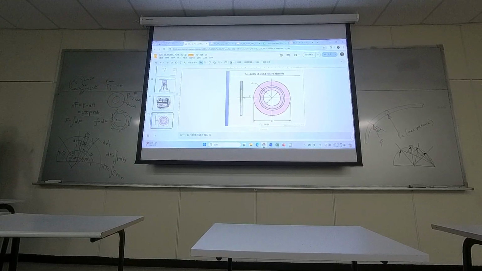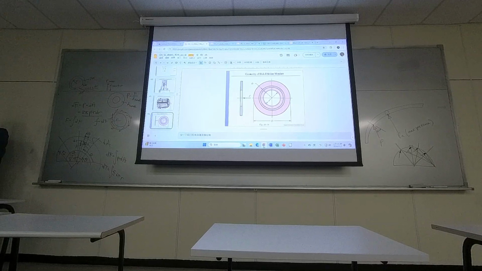Usually whatever you are trying to stop follows a polar coordinate. So when you have surface contact to a circular geometry, the pressure changes at different radius.